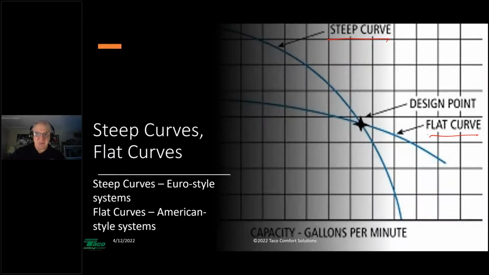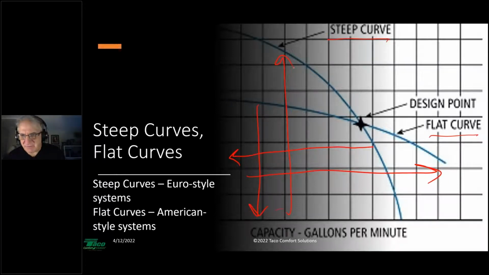A flat curve circulator will be defined as, relatively speaking, high flow, but at the same time, relatively speaking, low head. A steeper curve circulator like this one here is going to be, relatively speaking, lower flow compared to a flat curve pump, but higher head pressure differential.